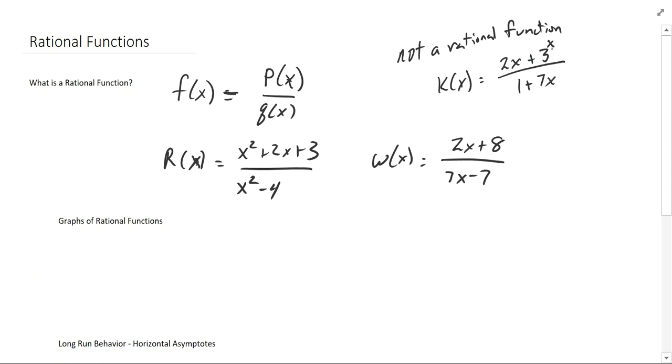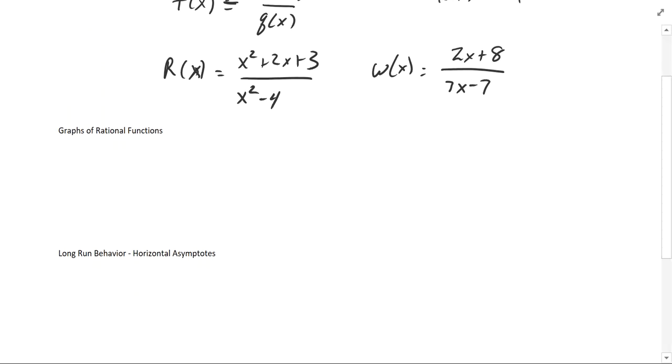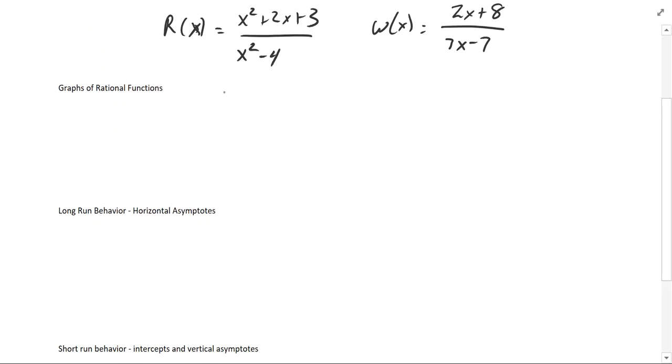And the problem with this one would be the 3 raised to the x power. When the x is up there in the exponent, it's a different kind of function. It's an exponential function, but it's not a rational function, because that 2x plus 3 raised to the x power is not a polynomial.